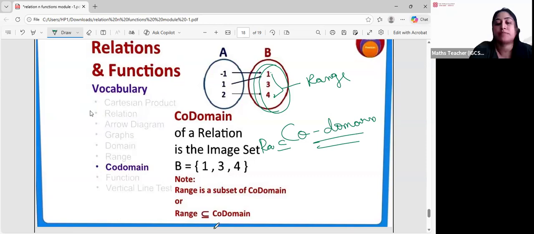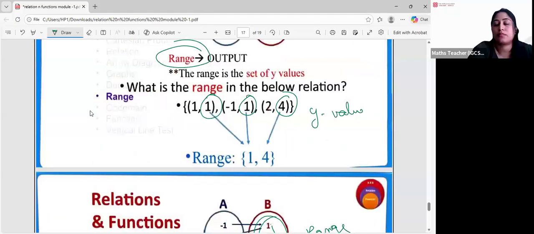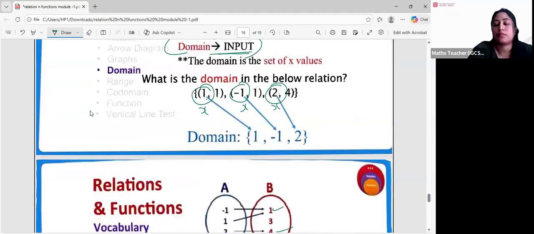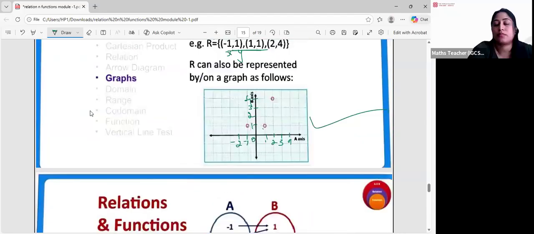So let us summarize what we have studied. We started with the definition of relations. A relation is how elements of set A are related to set B with some condition. We can write a relation in roster form, set builder form, arrow diagram and graphical representation.